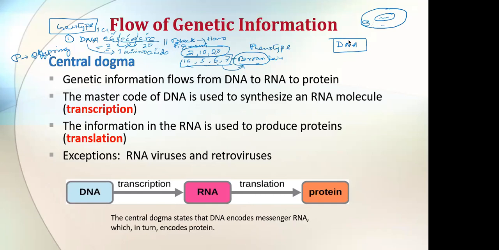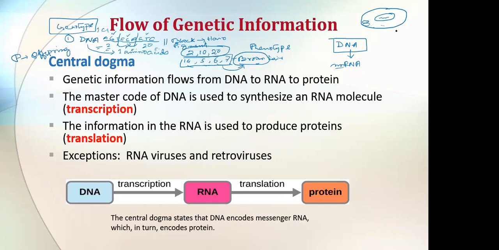So to avoid all these problems, the cell stores all the DNA inside the nucleus. It does not allow DNA to come out of the nucleus. Instead, the cell makes an RNA copy of the DNA, and at this moment we call that RNA messenger RNA, or mRNA.